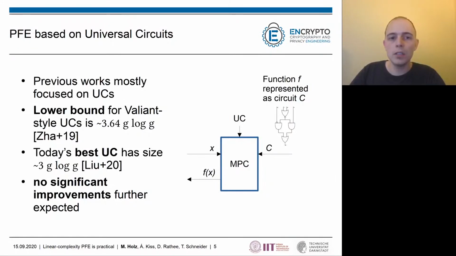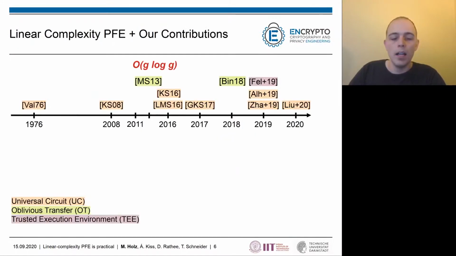So these findings show that no significant improvements are further expected when we use universal circuits to build private function evaluation protocols. And because of this logarithmic overhead and the lower bounds that have already been reached, there will probably not be any major improvements in this kind of work here at the top.